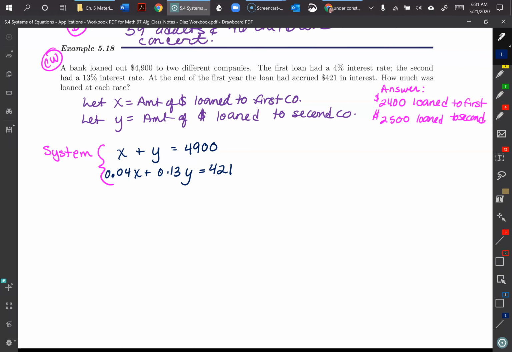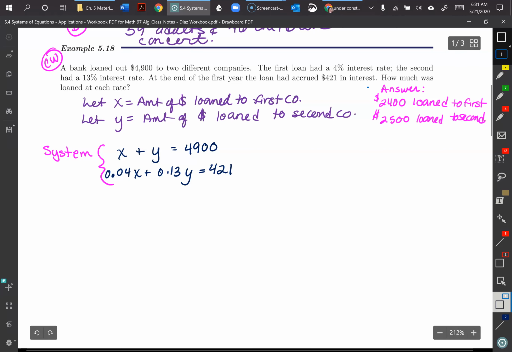If you were totally right and you want to move on, then that is fine. If you want to check out how I'm going to do the solving by addition method, you could do that as well. So here's the answer: $2,400 loaned to the first company and $2,500 was loaned to the second company.